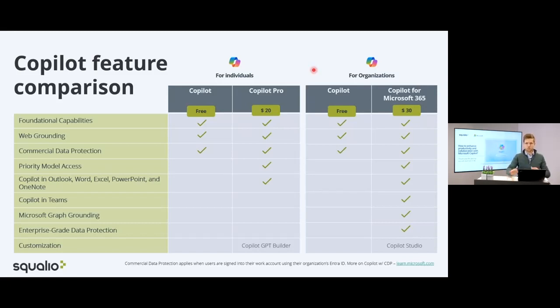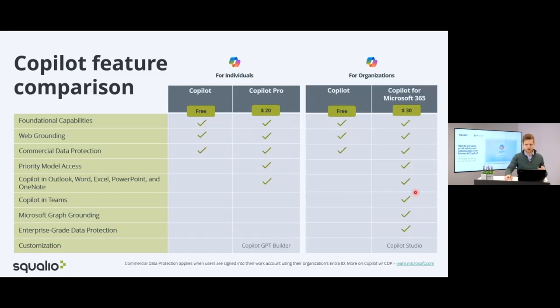There's one section for individuals where one part is free and the other is paid, called Copilot Pro. And for organizations, the one that you probably already have but might not have used yet is simply Copilot, and the other is this extra add-on license, Copilot for Microsoft 365.